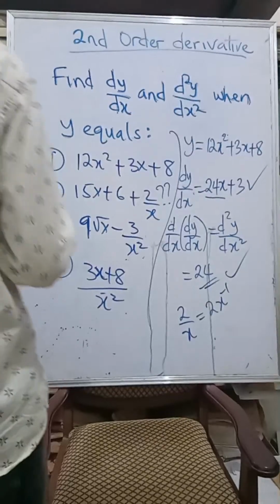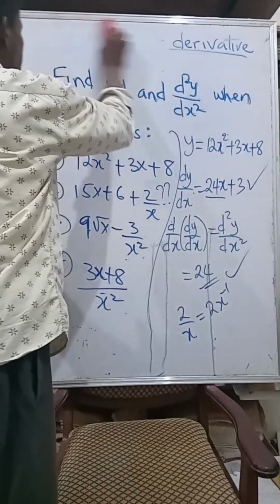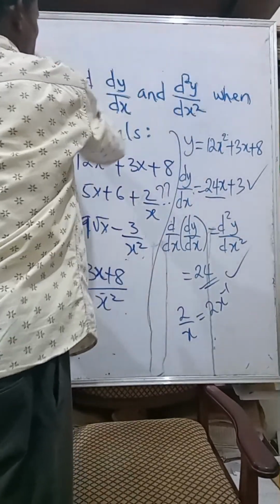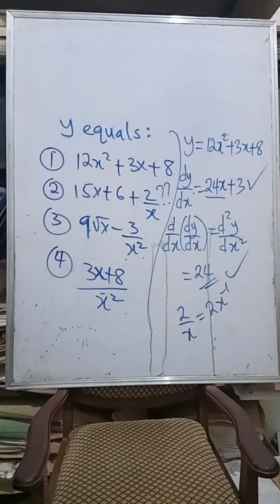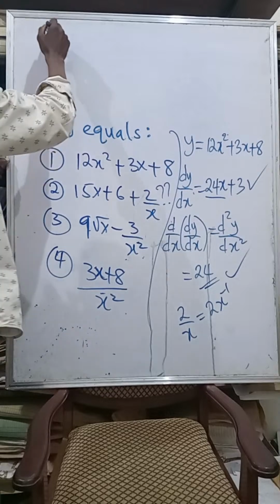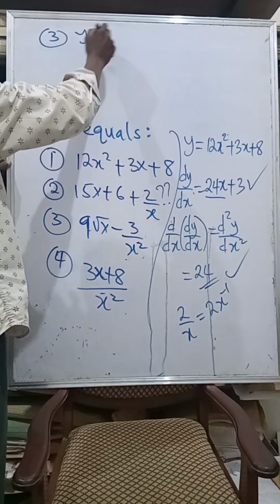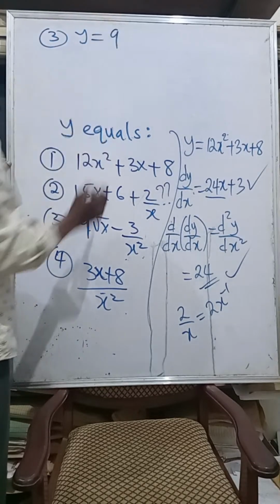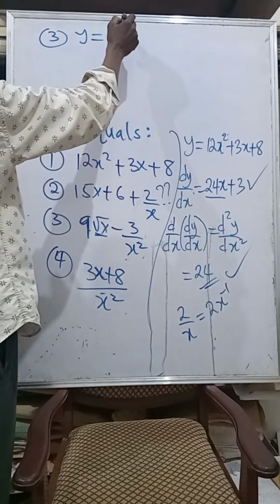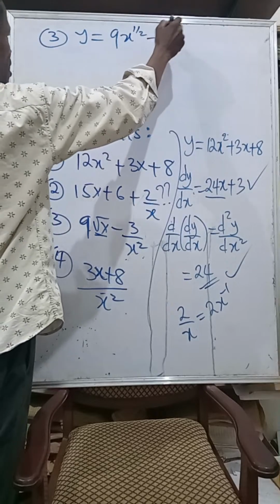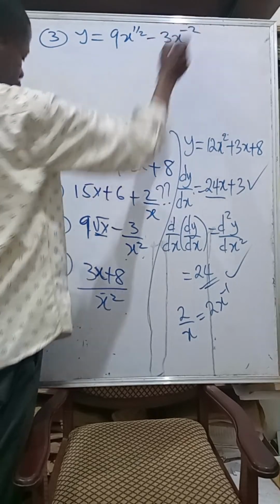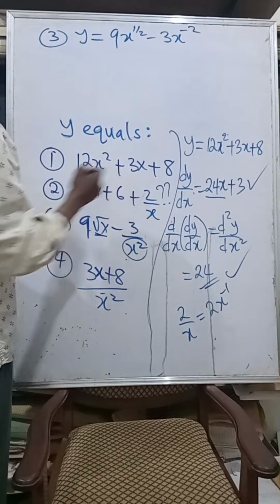So let's go to the third one. y is this 9. You can remove these square roots. That will be x to the power half minus 3x to the power minus 2. Bring this one up.